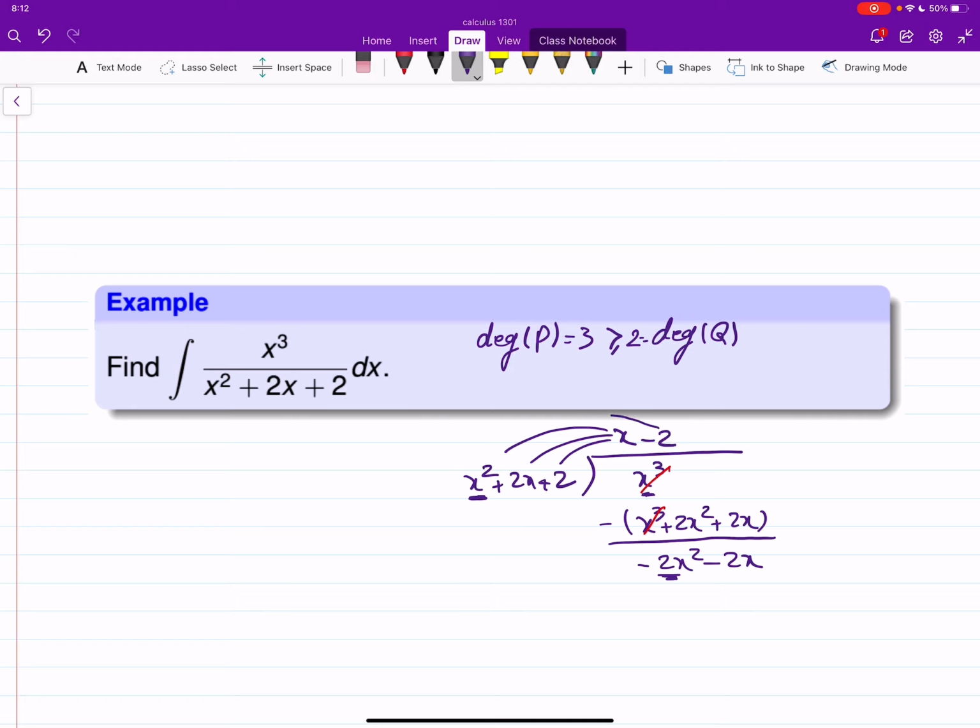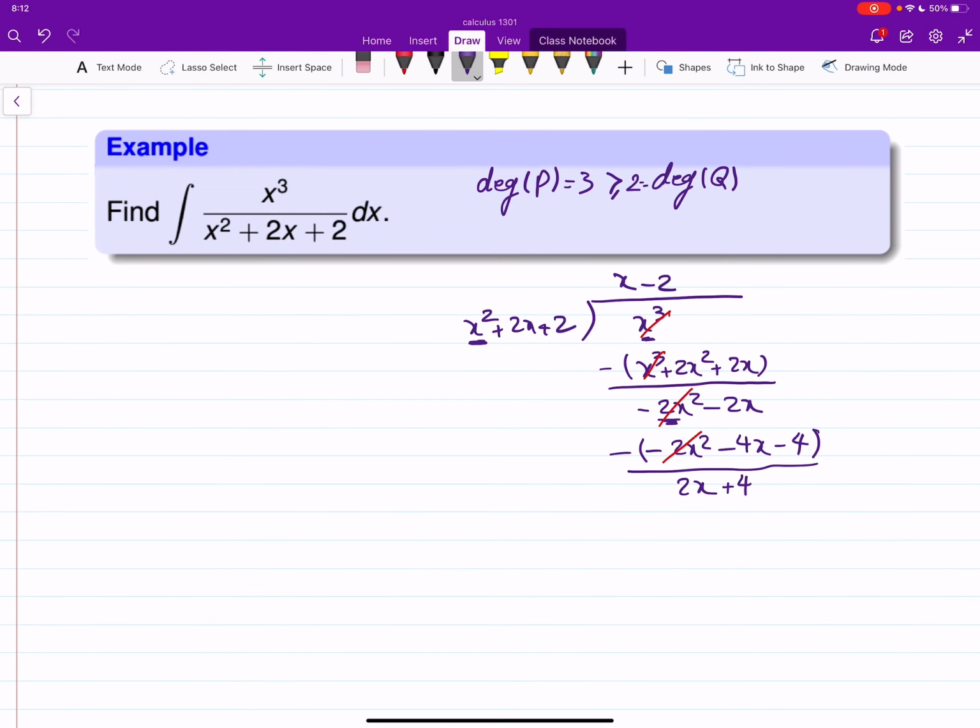When we multiply, what do we get? That will be a negative 2x squared, negative 4x, negative 4. And then we want to subtract that, yes. So this will cancel with that. Those two will give me 2x, and that will just give me plus 4.